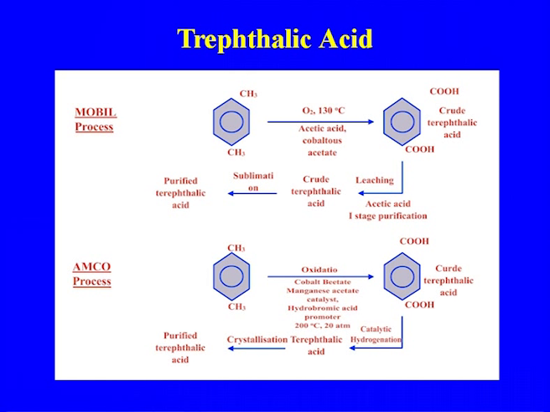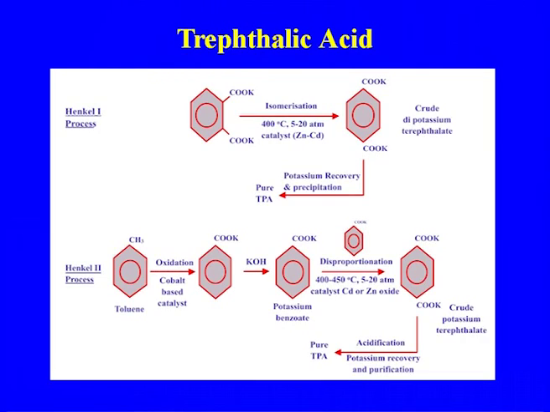So, as far as the oxidation part is concerned, it is not much different. Only the impurities that have to be removed during the process differ, and care is taken in the case of purified terephthalic acid to get pure terephthalic acid, which was the problem in the initial stages of polyester manufacture from DMT.